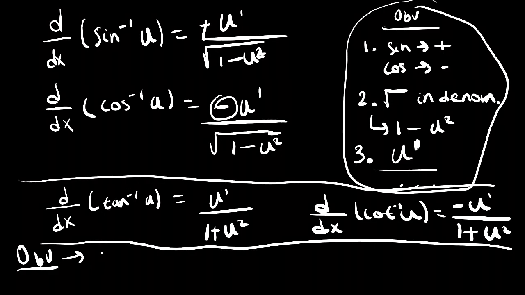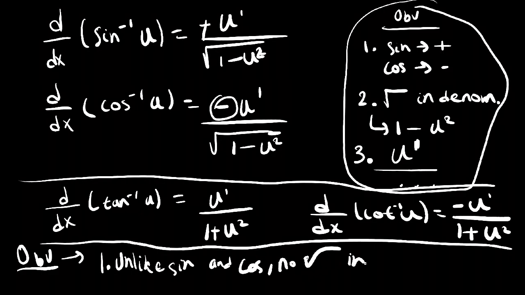Observation 1: unlike sine and cosine, there is no square root in the denominator. We don't see a square root in the denominator in tangent and cotangent, but in sine we do. So just remember that square root in sine and cosine, no square root in tangent and cotangent.